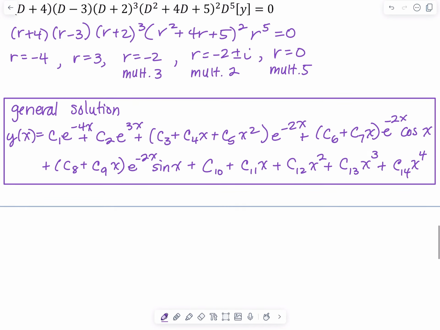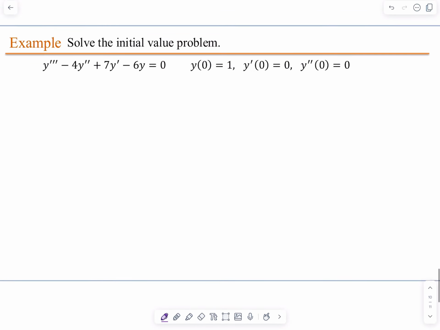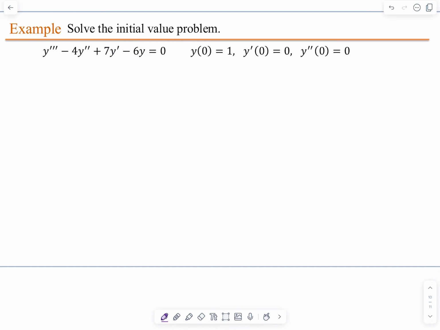Let's try one last problem, and this is an IVP. So we can just jump right on in and go ahead and come up with our auxiliary equation, r cubed minus 4r squared plus 7r minus 6 is equal to 0.